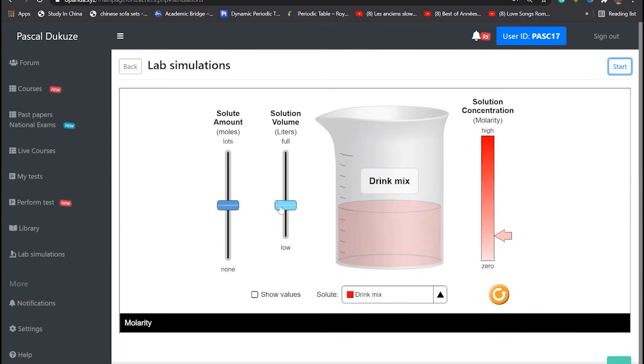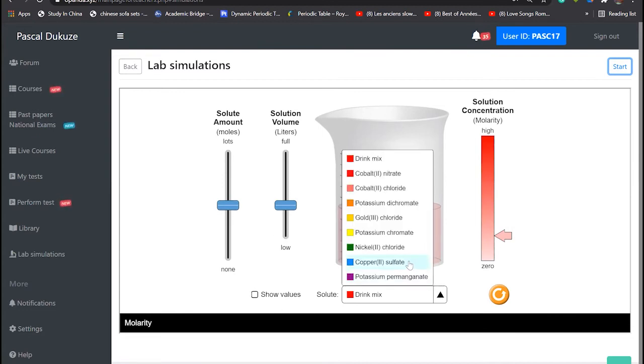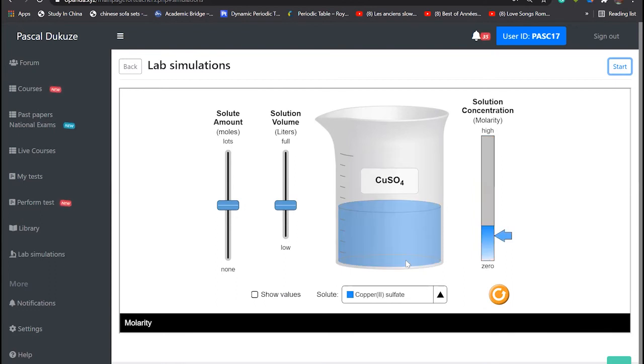So let's now have a look at what happens when you change the volume of a given solution. Let's say that here we have a solution of copper sulfate. And here we have its concentration, it's 1 molarity.